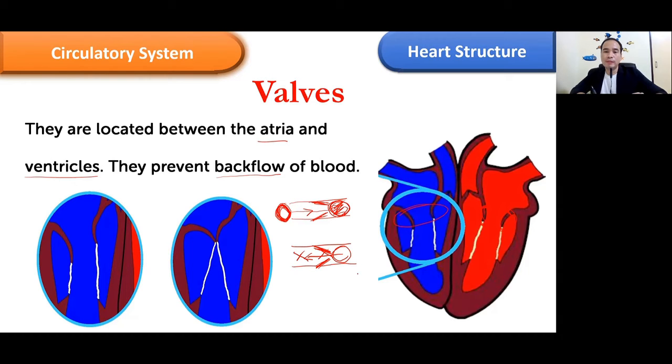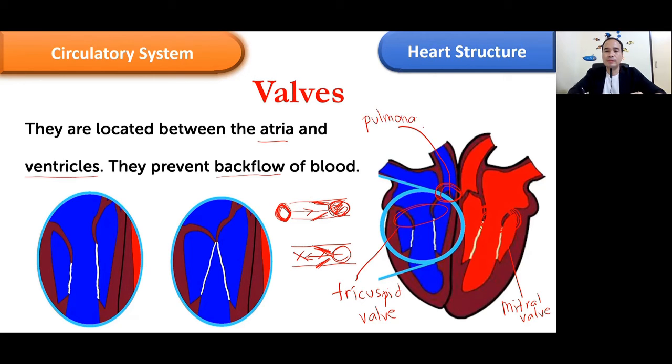This one is your tricuspid valve. This one is your mitral valve. This is your pulmonary valve. And this one is your aortic valve.